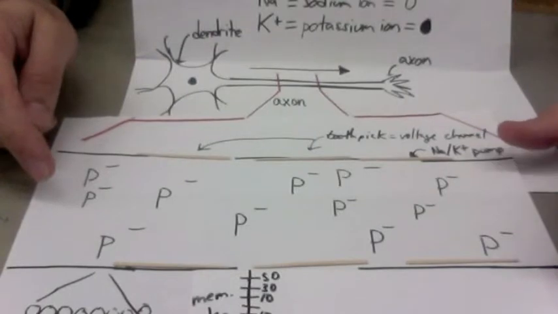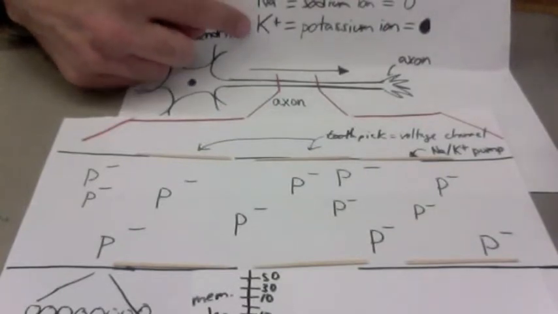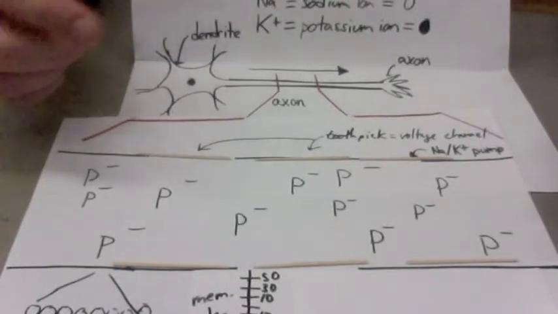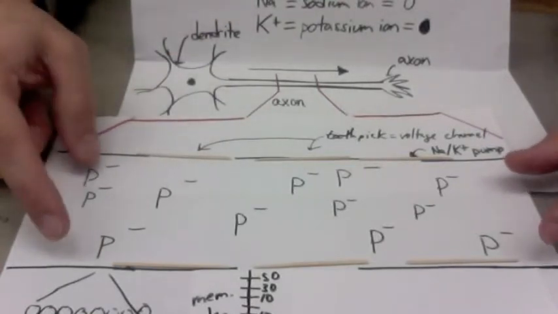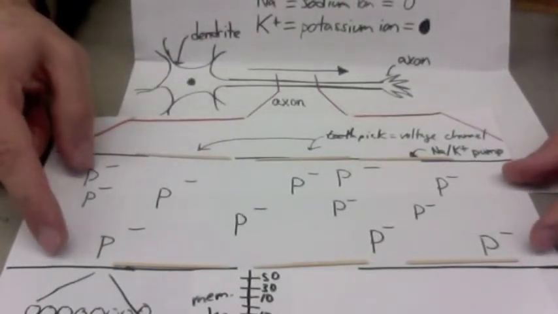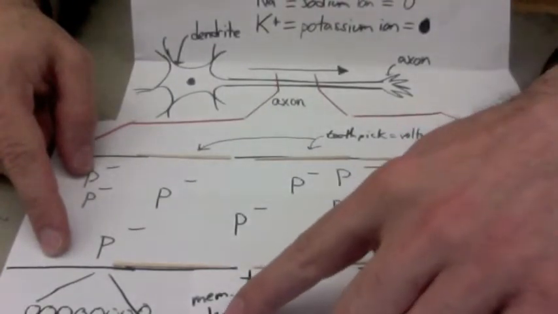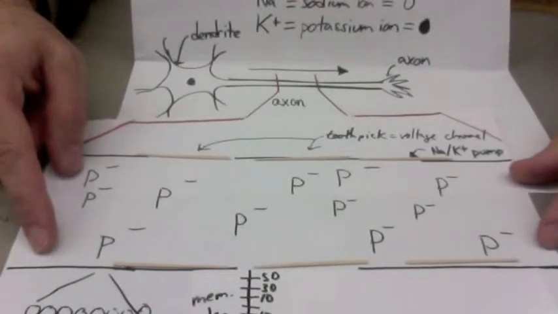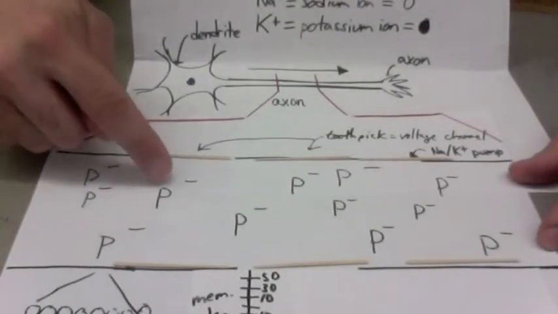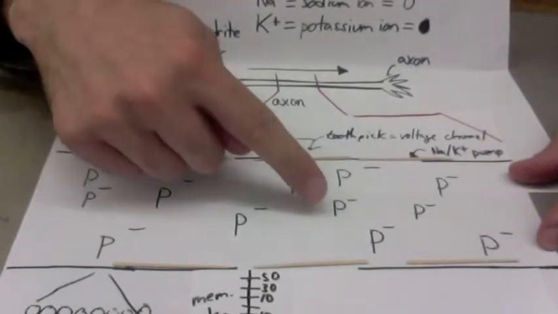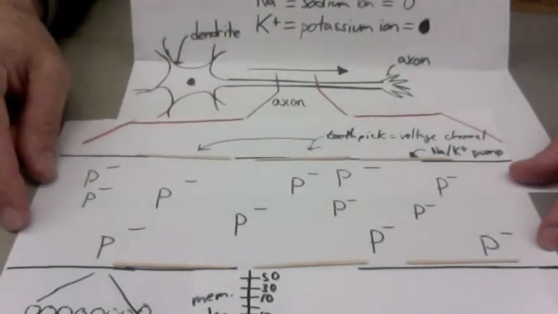In particular, the ions that we'll be concerned with are sodium ions, represented by white-colored beans, and potassium ions, represented by black-colored beans. We also should remember that the membrane potential, in millivolts (mV), at rest, is highly negative because of the numerous negatively charged proteins inside of the axon.